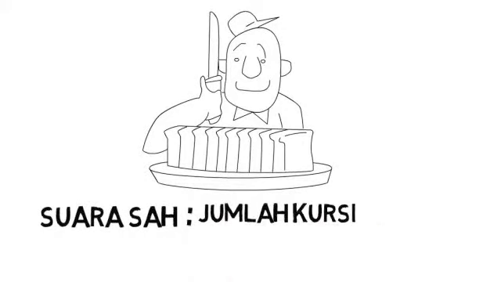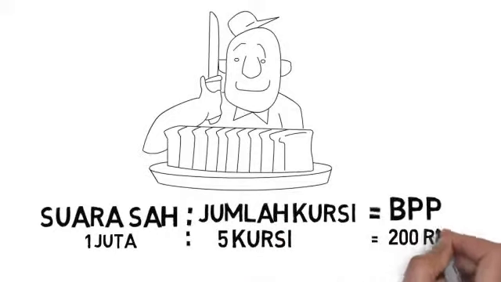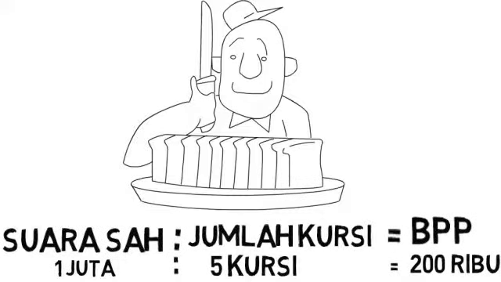For example, if the number of valid votes cast in an electoral district is 1 million, while the number of seats available in that district is 5, the BPP is 200,000. A party receives a seat every time the number of valid votes it collects fulfills 200,000.